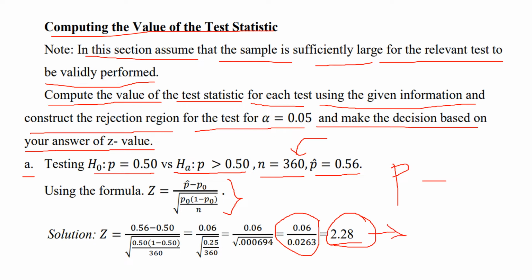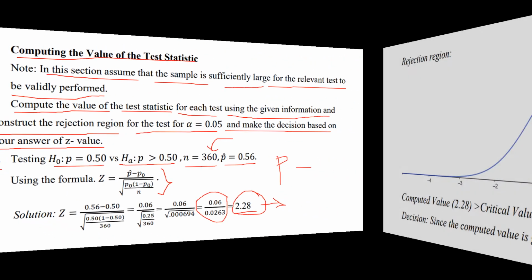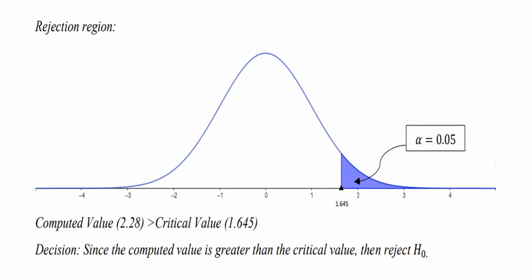So based on this, how can we move forward? Let's deal now with the next slide. Using this figure for our rejection region, since we use greater than in your alternative hypothesis as the symbol between your P and your P sub O, then we need to consider the right side of your normal curve because it is greater than.